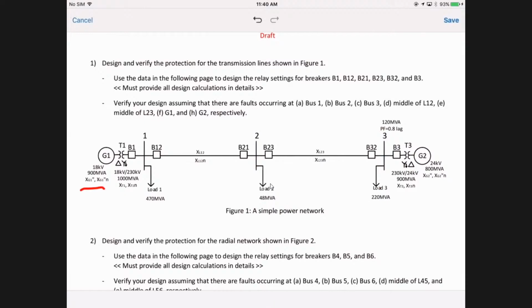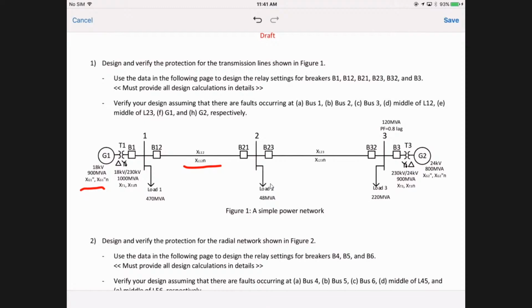In the transmission line, the subtransient, the transient, and the steady state are almost the same. Do you know why? You learned it. Don't tell me that in the last course of your undergrad study you find out, no, I don't know this.